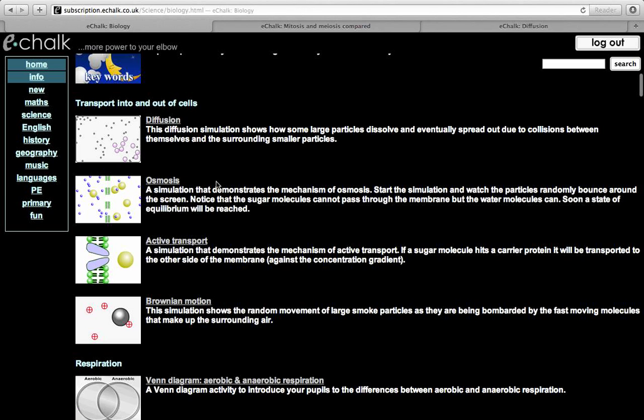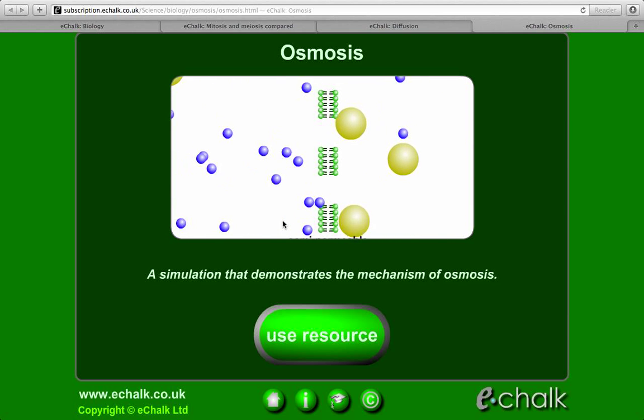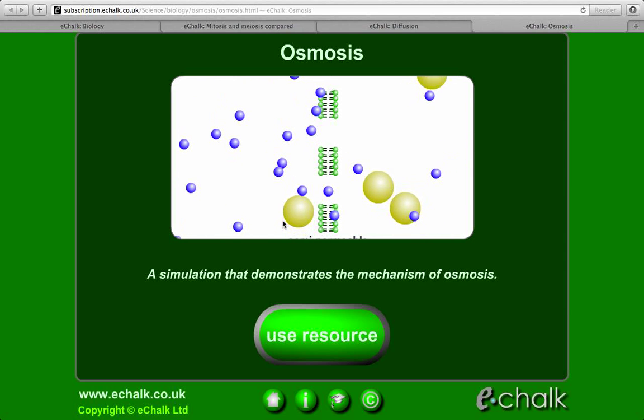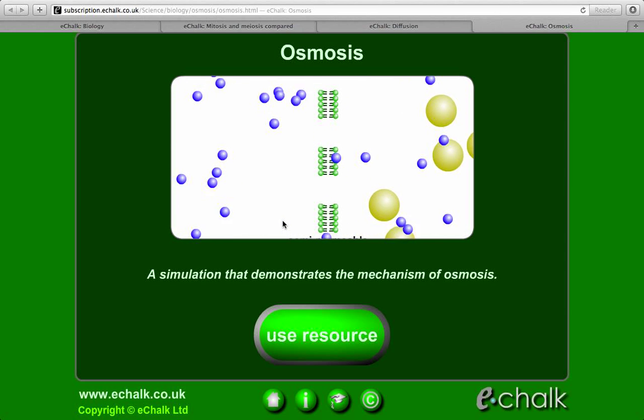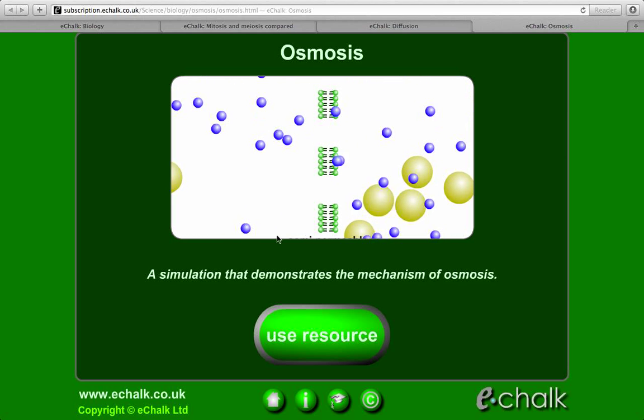Okay? So, if we come out of that, and now we go into osmosis. Osmosis is going to be a 3-mark question, because there are 3 specific areas you've got to mention. There's an overlap with diffusion, but osmosis is slightly different.